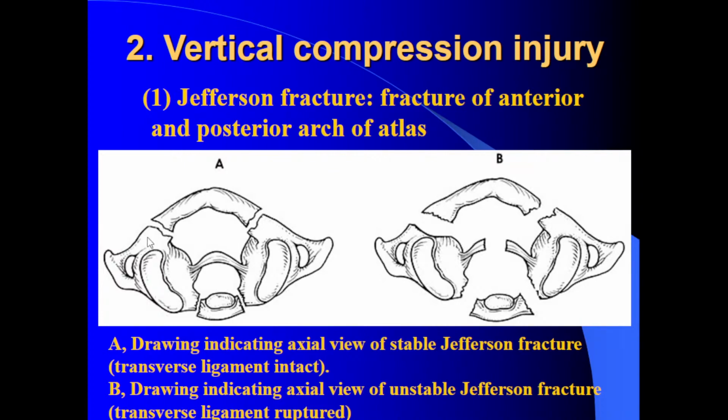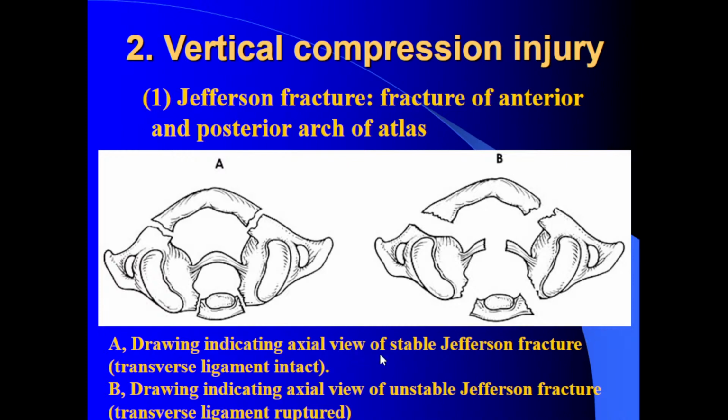So we have a few types of Jefferson fracture. Type 1 or type A is a simple isolated fracture of the anterior arc. Type B is a fracture of the anterior and posterior arcs at the same time.